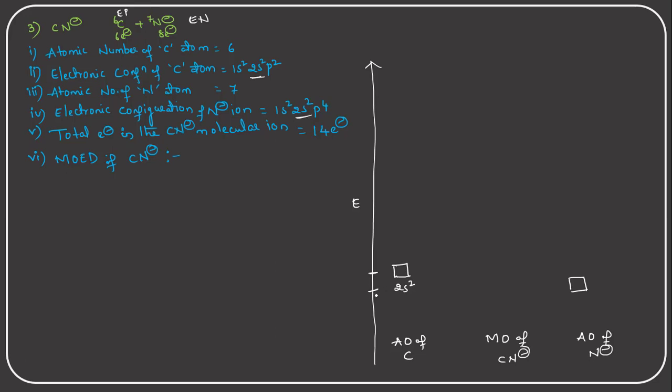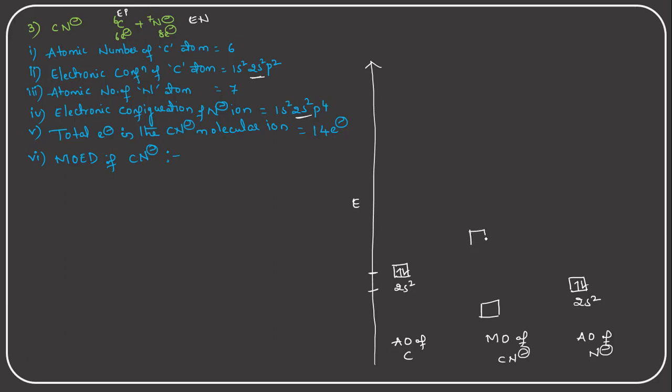So this is the energy difference between the atomic orbital of carbon and the atomic orbital of the nitrogen minus ion. 2s2 means how many electrons are present? The maximum capacity of an orbital is 2 only. So 2 electrons are present here, and they merge together, forming the molecular orbitals, right?